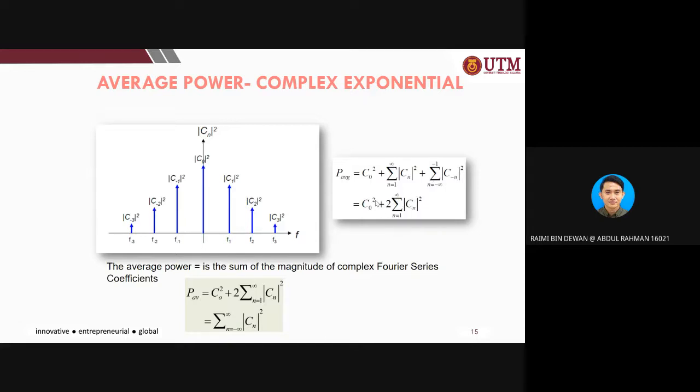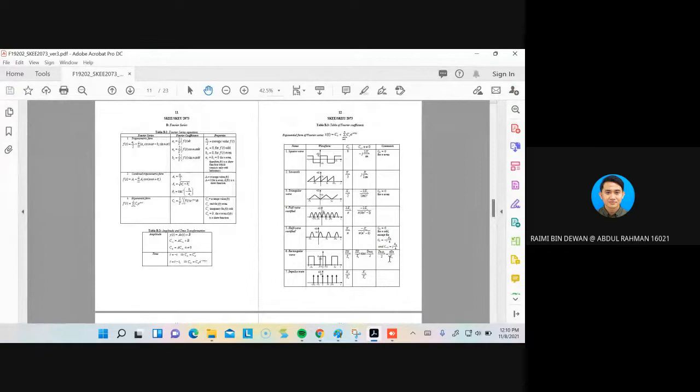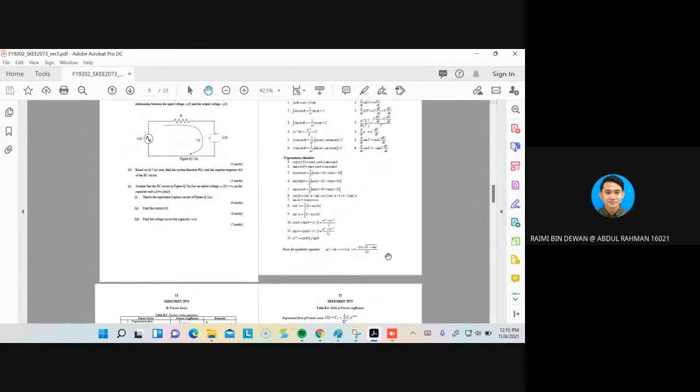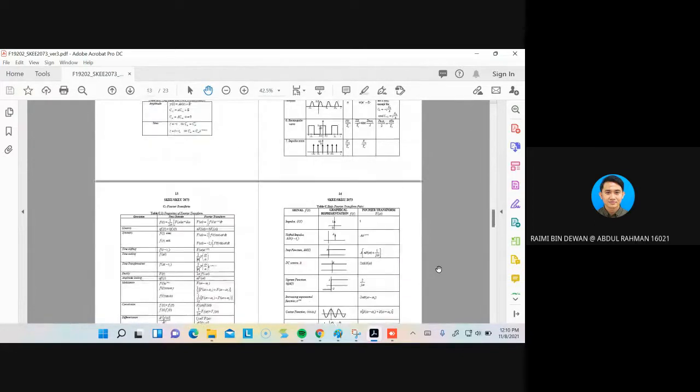You can understand. Okay, and the appendix, let me see if the appendix actually shows you how to calculate average power. Otherwise, you need to remember anything that is inside the appendix. You don't have to remember average power.